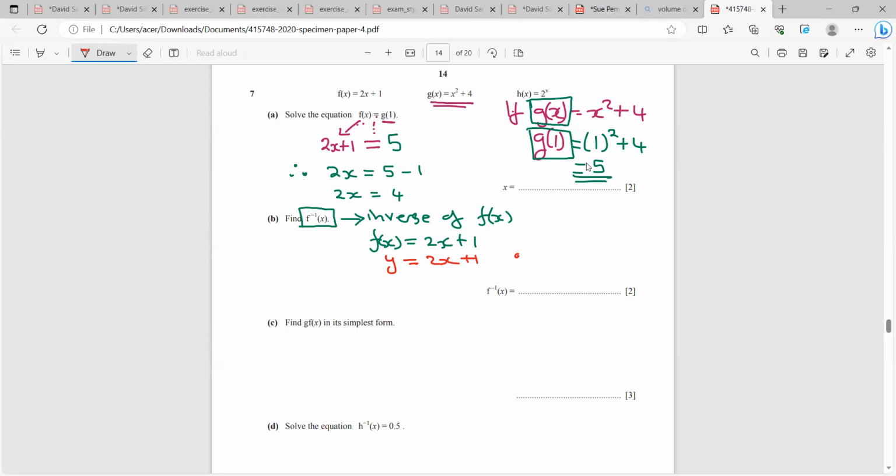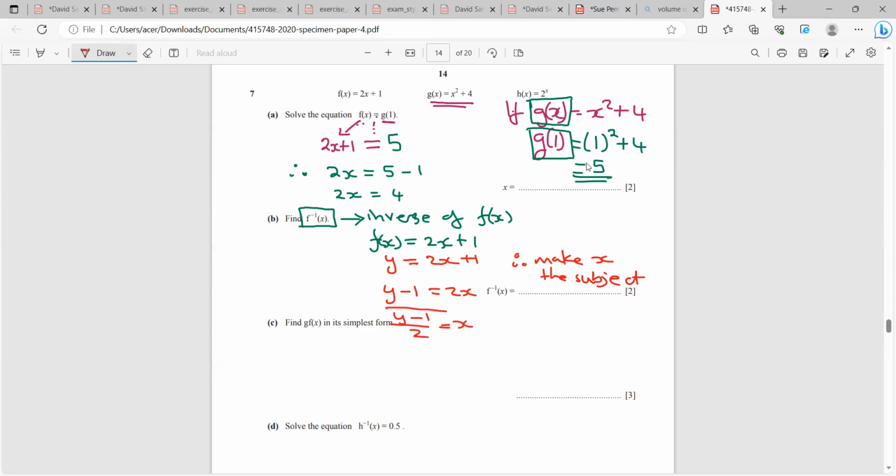And then from here, you need to make x the subject. So if we are to make x the subject, we have y minus 1 equals 2x. And then we have y minus 1 over 2 equals x. I believe everyone knows how to make subject.